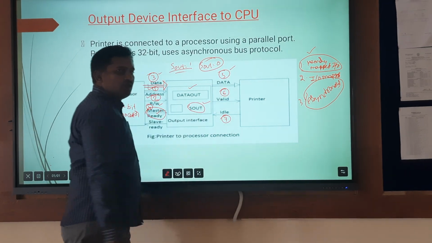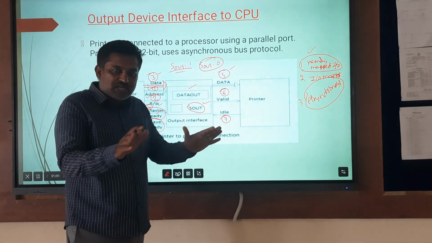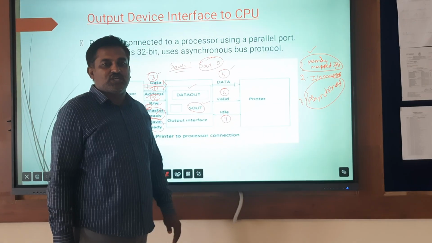That means the data is displayed on the printer and there is no data available in the data out register also. Next, the output interface circuit informs the processor by asserting the slave ready signal, that is, the printer has finished its operation.